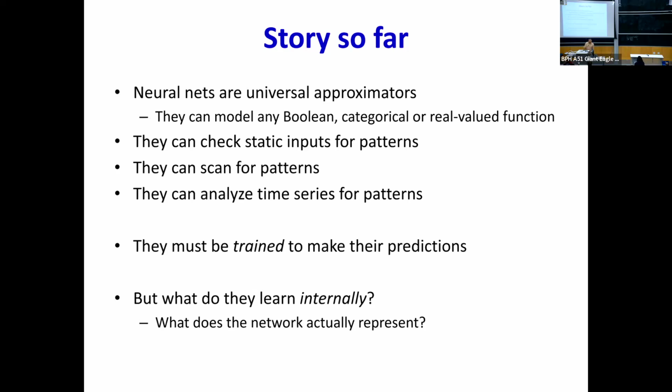So when we actually train these models, what do they learn internally? What does the network actually represent? Today's lecture is going to look at this area, and we'll build on it over the next few lectures to see how this understanding can be used to develop generative models.